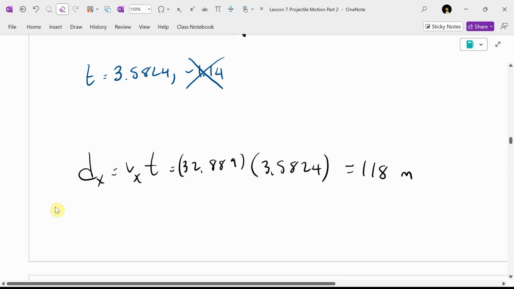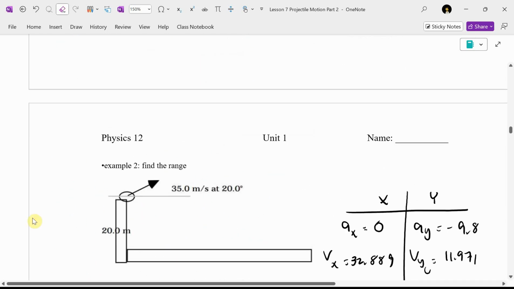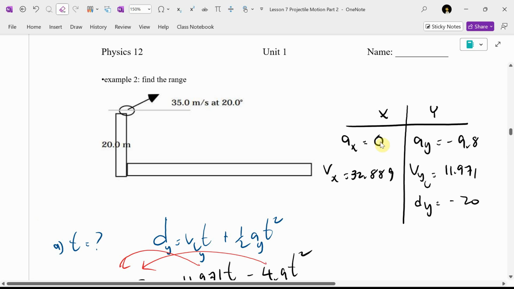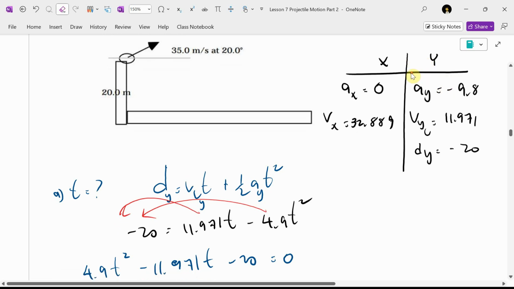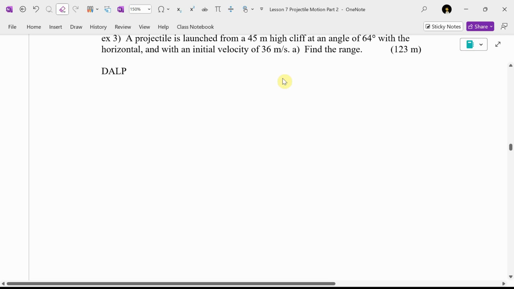If I gave you this question, I would probably make it worth 7 marks because there's a lot of work to be done here. I'd probably give you 1 mark for finding the horizontal component, 1 mark for finding the vertical component. I'd give you a half mark for saying ax is 0, a half mark for saying ay is 0. That's 3 marks out of 7 already. The moral is don't leave stuff blank, Luke. Okay? We're going to pause here.